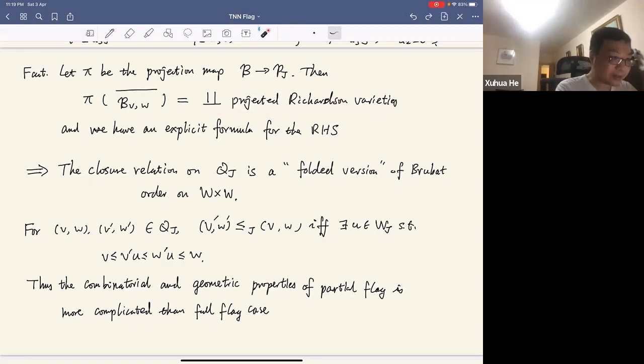And we do have an explicit formula for the right-hand side.